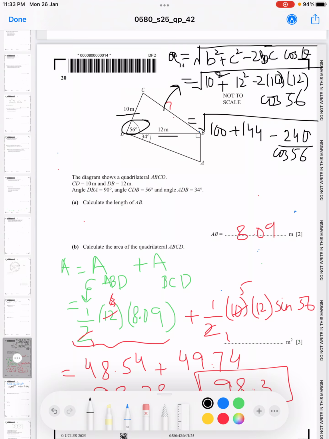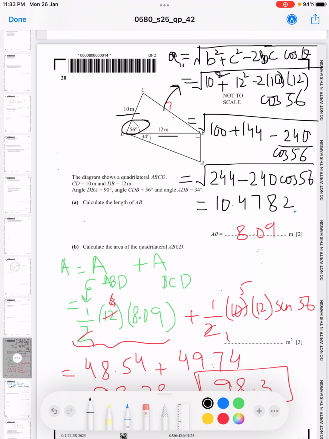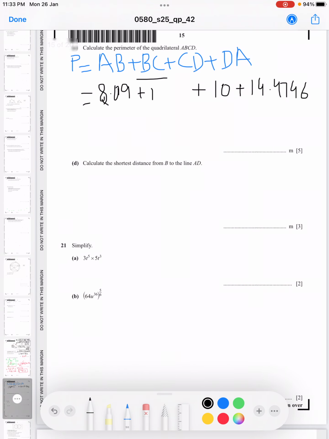It is in the square root, so we get square root of 244 minus 240 cos of 56. Just substitute it in the formula and you get the value 10.4782. Okay, we will substitute it. BC is 10.4782.